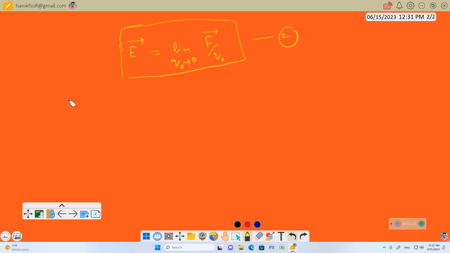Now there is another idea related to electric field, that is the superposition principle. What is the superposition principle?